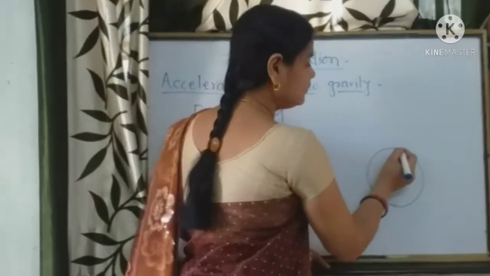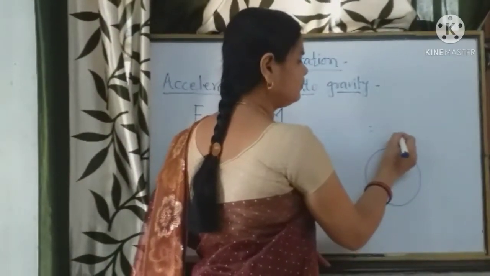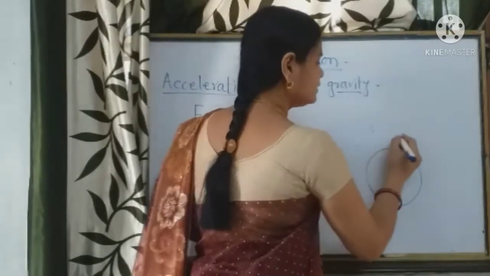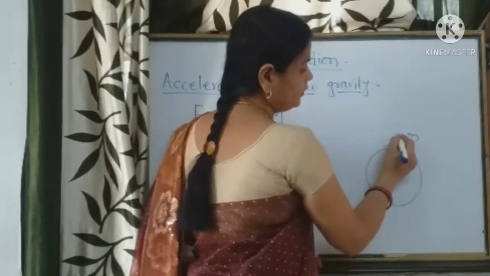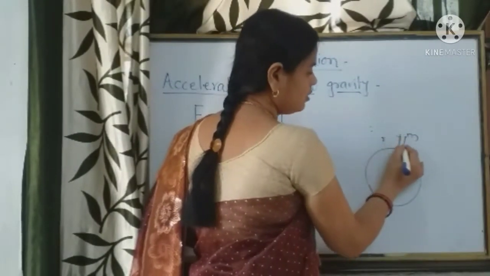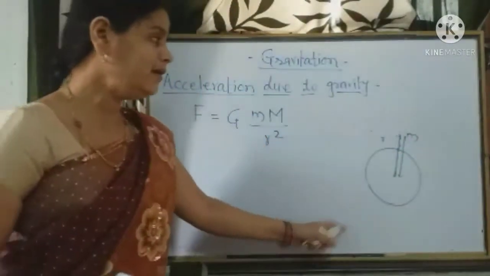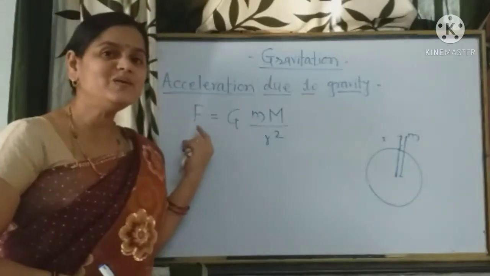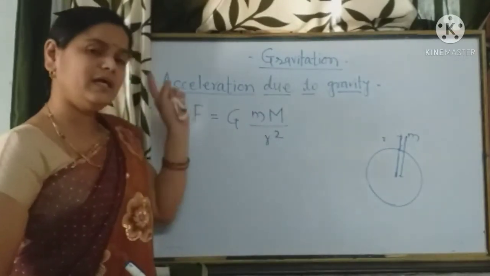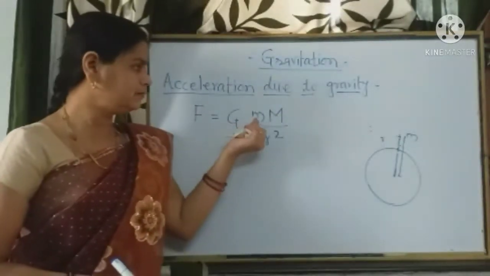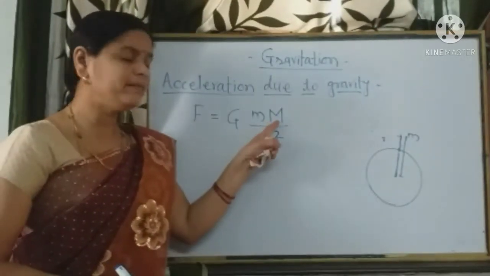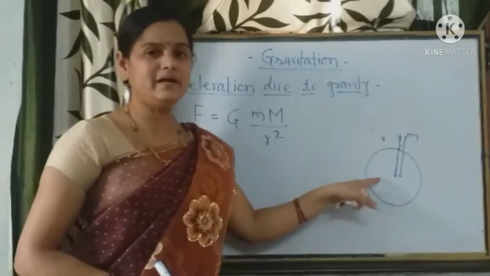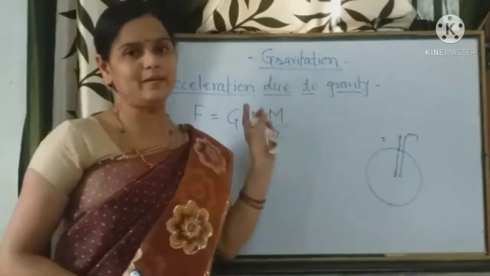It means that the body of mass small m may lie here, at a distance of small r from the center of the earth. Fine. Therefore, this is the magnitude of gravitational force exerted on a point mass m due to earth, where M is the mass of the earth, and this mass is at a distance of small r from the center of the earth.